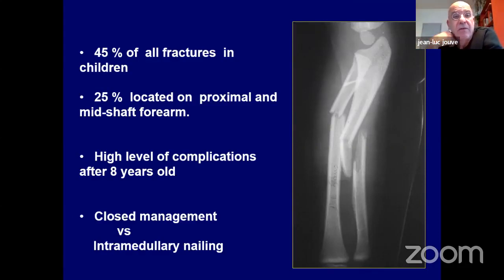It is very frequent, 45% of all fractures in children. 25% are located on the proximal and midshaft forearm. These fractures are very frequent, but there is a high level of complication when they appear after 8 years old. Why?